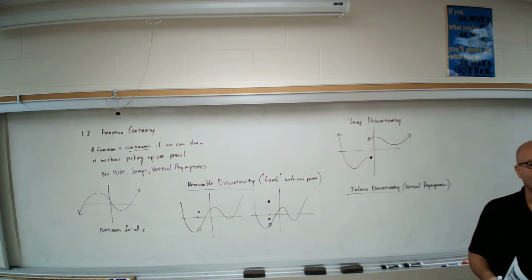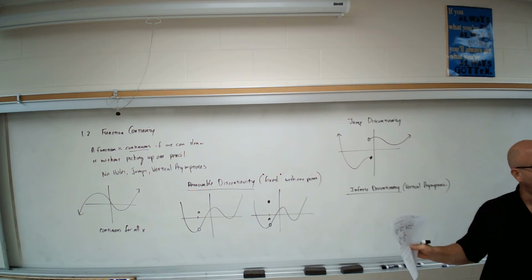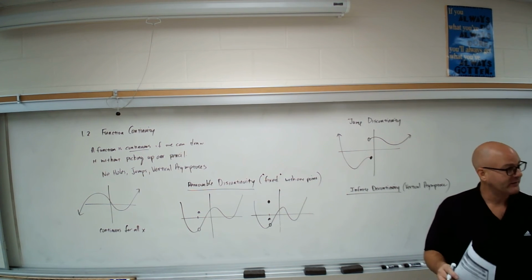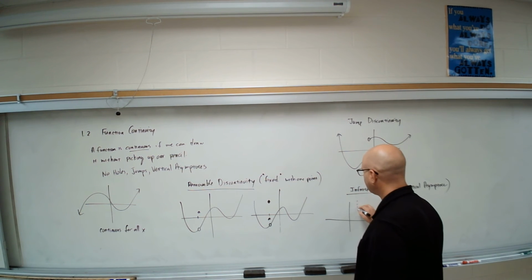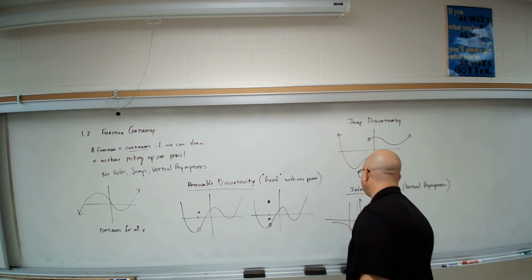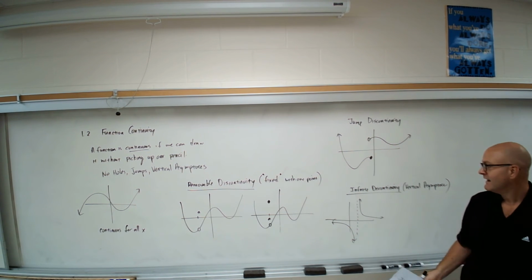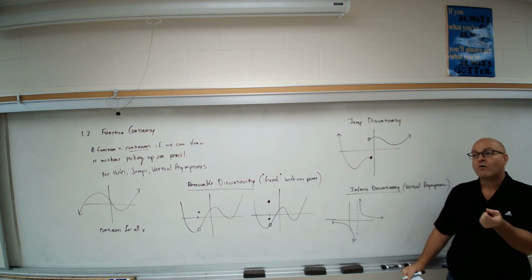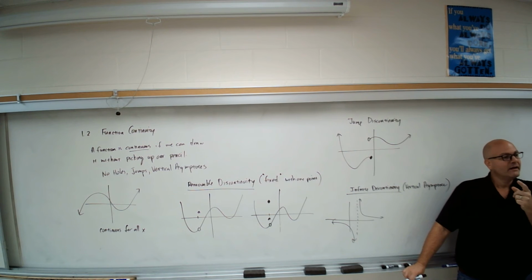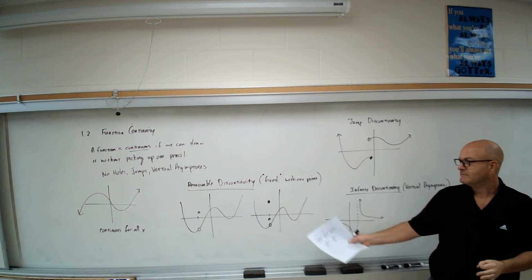When you have that vertical asymptote, the function is going to go up as it approaches the asymptote, or it's going to go down. Now both sides could do the same thing. So let's say before we had one that looked like this, kind of a typical hyperbola. This would be an infinite discontinuity, right? The function's only undefined at one point, but you can't put one point there to fix it, right? It's not repairable. It's not removable.